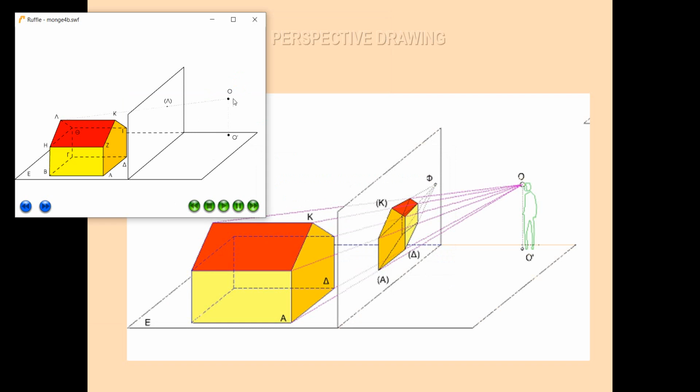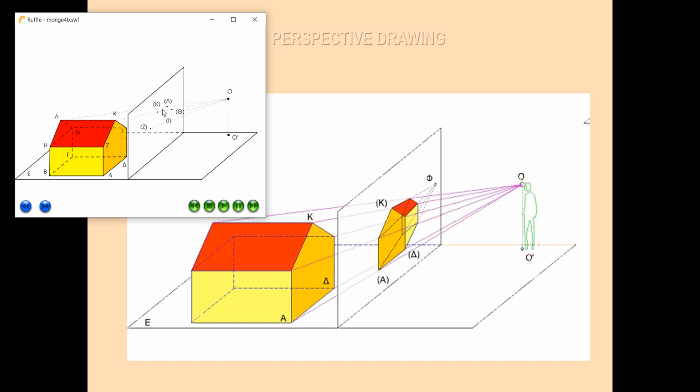So here is the observation point, and we join this point with every point of the observed object. These optical rays are intersected by this vertical plane that is called the perspective plane.